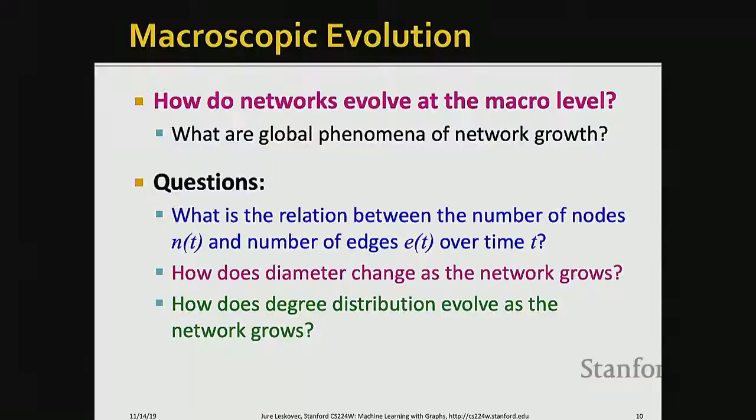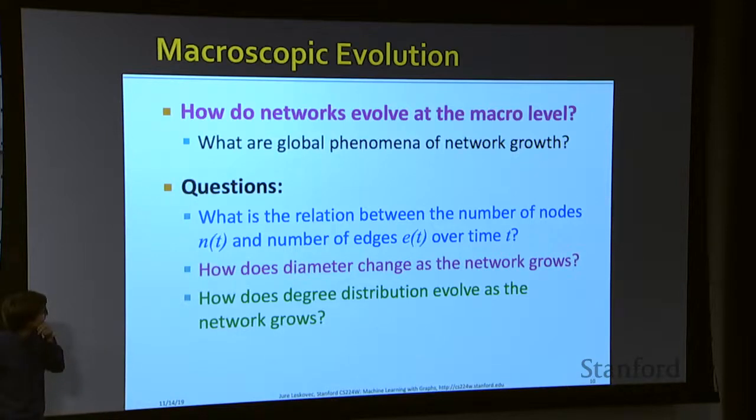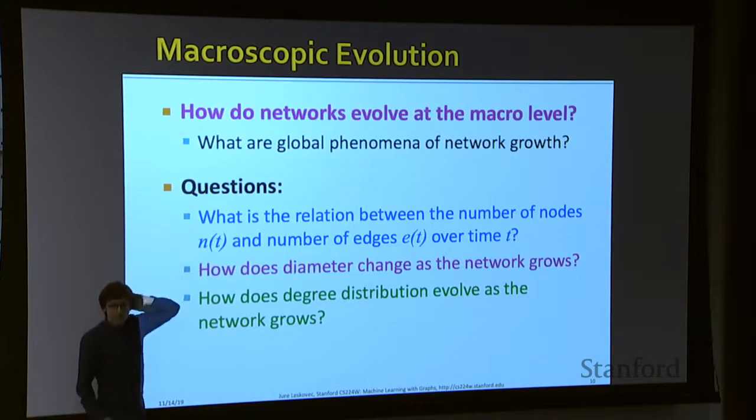And I'll show you basically my first project as a student. Okay? So here was the idea. The question was, how do networks evolve at this global level, right? What are some global phenomena of network growth? The way you could think of this is to ask basically, how do statistics of the network change over time? And I asked myself 2 very simple questions at that point in time.